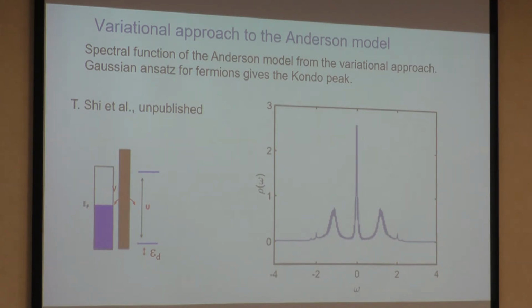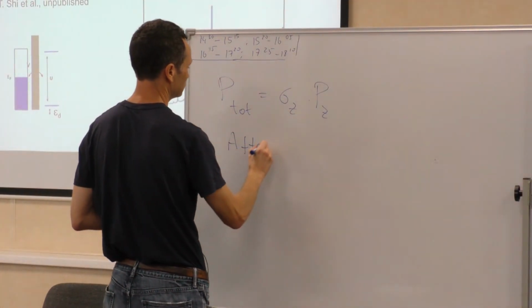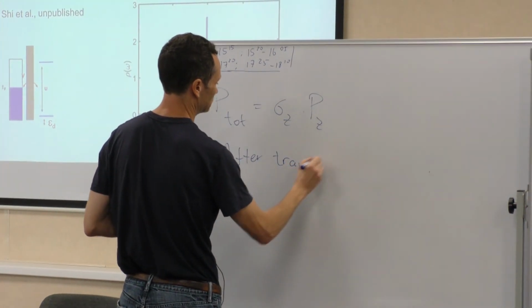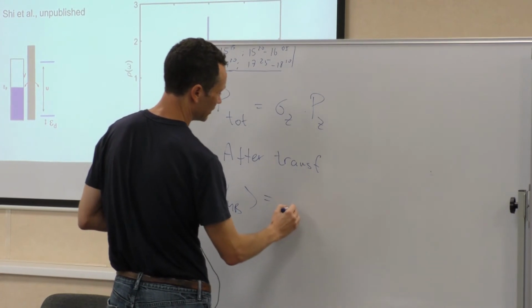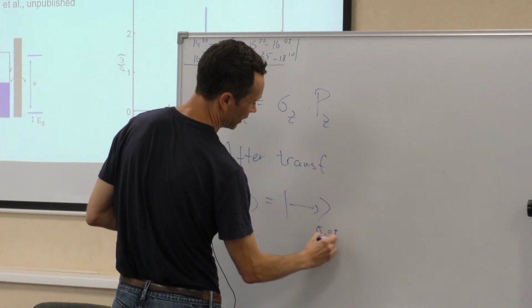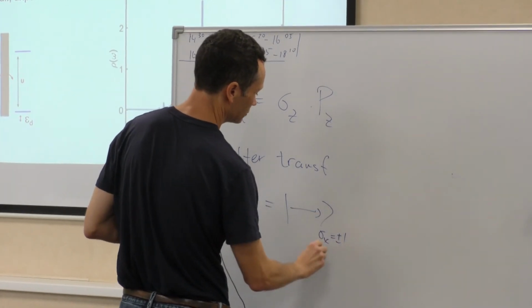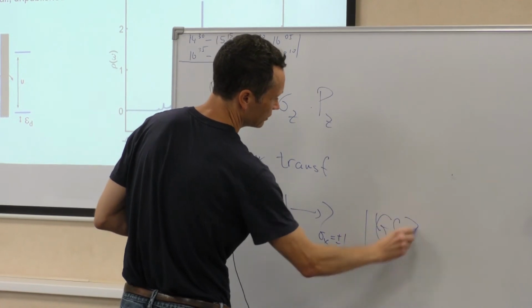And so again, just to emphasize what this means: remember, after the transformation, our many-body wave function is basically, let's say, sigma x equal to +1 or -1 for the impurity, and some Gaussian state for the fermions.